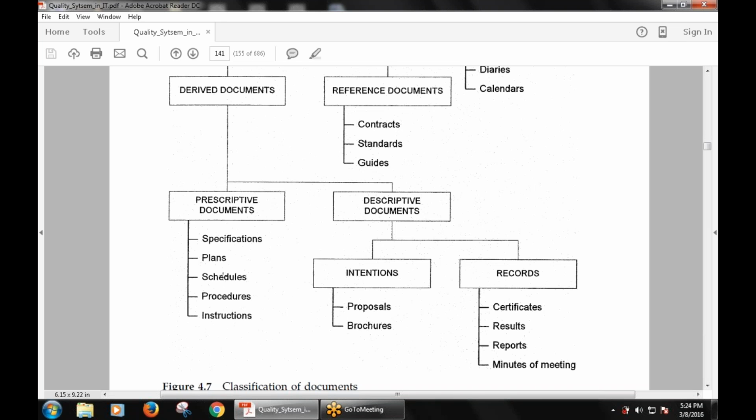For the descriptive documents, there are intentions and records. Intentions include proposals and brochures, and records include certificates, results, reports, and minutes of the meeting.